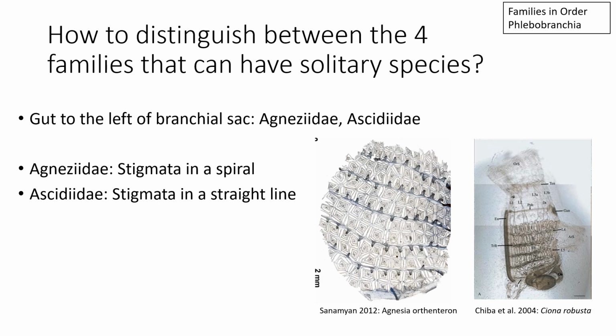On the right is actually a picture of a Cionidae, a different family, but I show this picture because I wanted to show you the stigmata in a straight line. In the mesh here, you see that the stigmata, those small rectangular holes, are in nice horizontal lines. That's what you're going to see in the Ascididae.